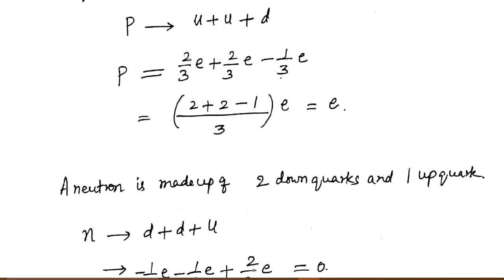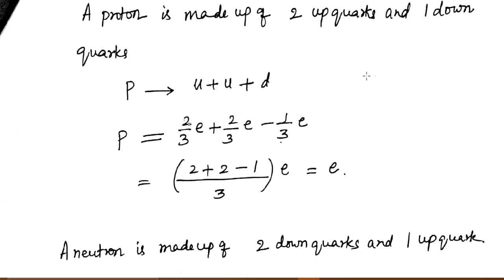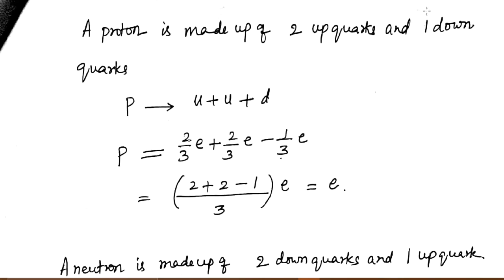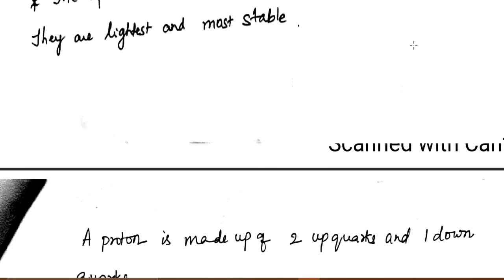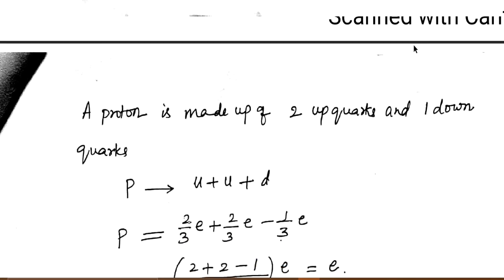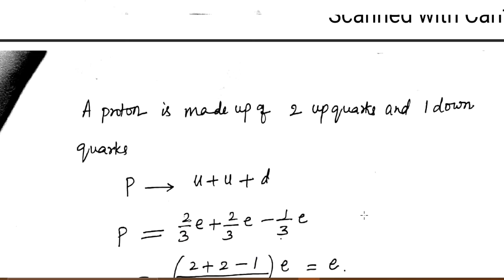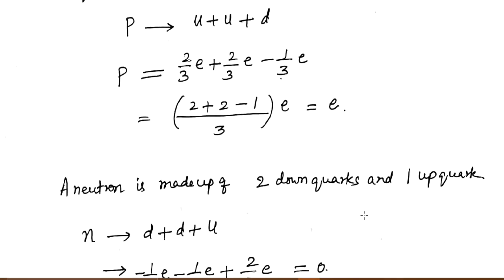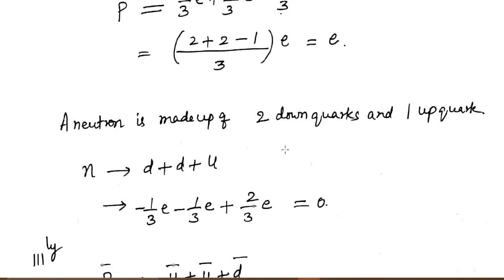A neutron is made up of 2 down quarks and 1 up quark. Look at this example.